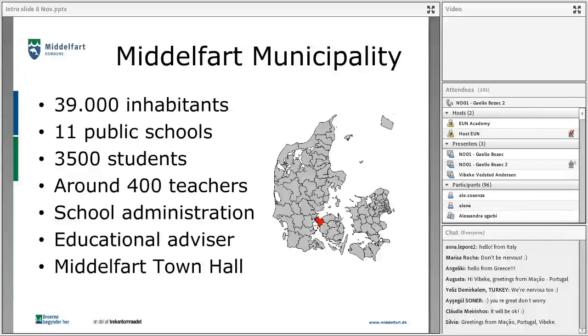We have around 3,500 students and around 400 teachers. And I work in the school administration as an educational advisor, and we are situated in the town of Middelfart. We're working from there in the town hall. So that was just a little overview of our town.